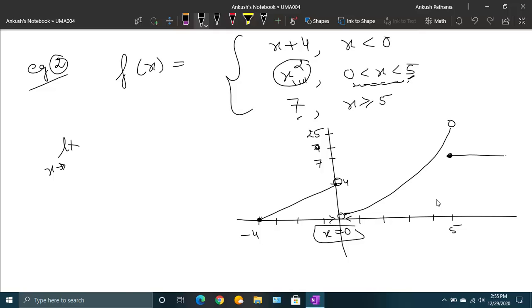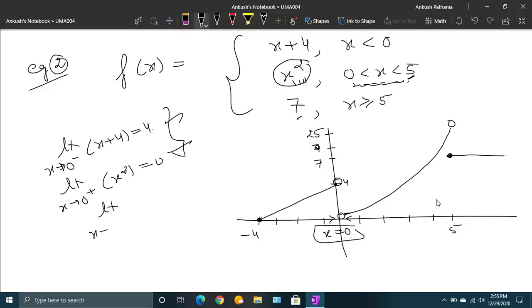If you approach 0 from the left hand side, it is x plus 4, and that is 4. If you approach 0 from the right hand side, then it equals 0. So clearly both limits exist, but they are not equal, so you have a jump discontinuity here, and the function is piecewise continuous.